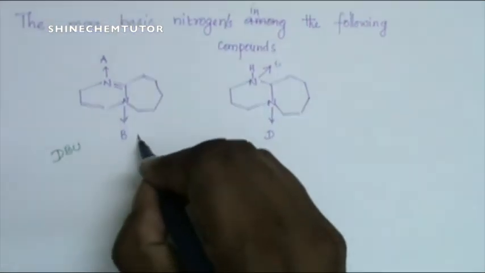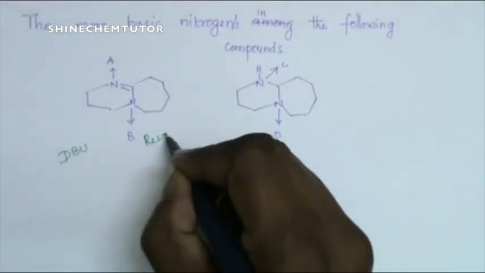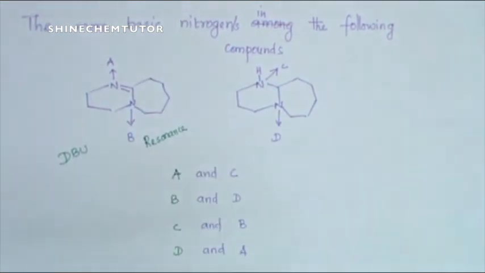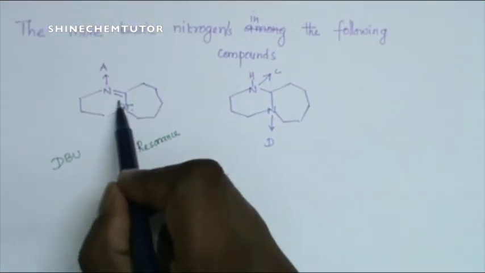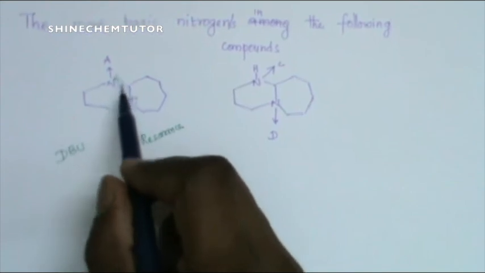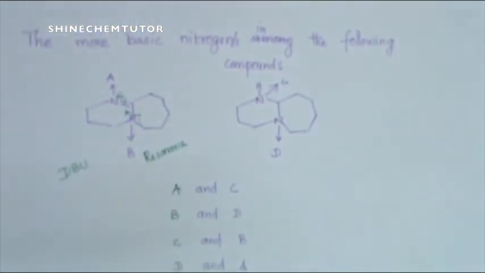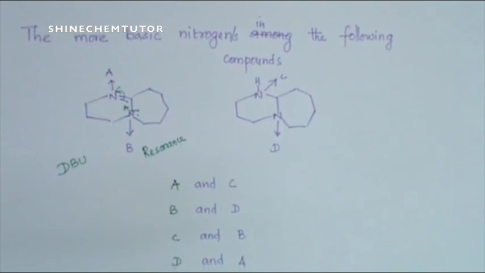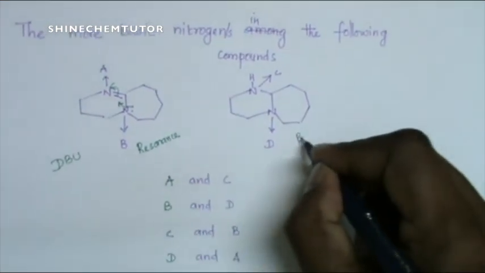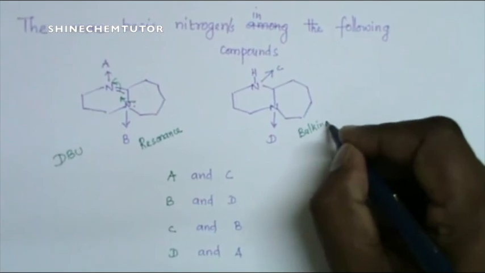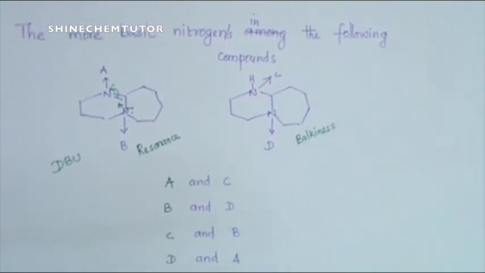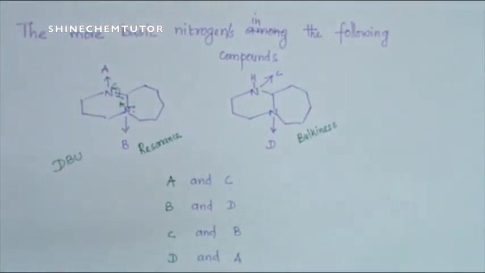Here you have to use resonance. This nitrogen will be involved in resonance. As a result, the electron density on this nitrogen will be huge. Here you have to use the concept of bulkiness. Tertiary amine is less basic compared to secondary amine.